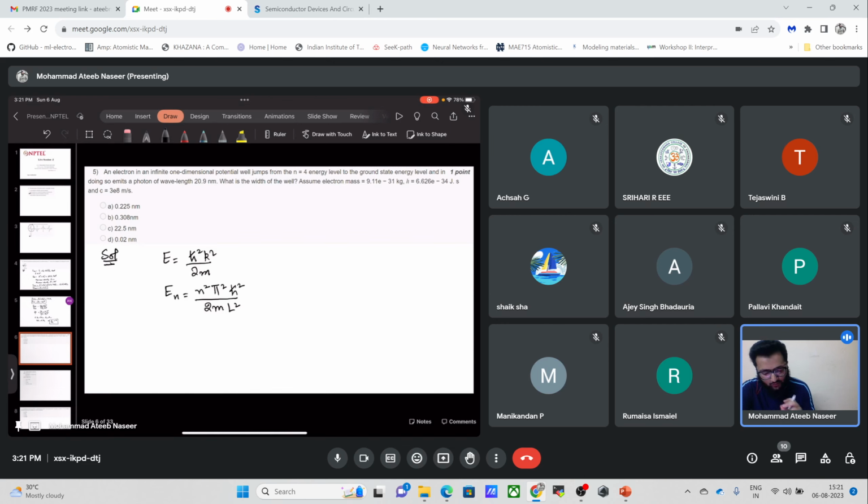This association is basically the release of energy that happens when we are transitioning from a higher energy state to a lower energy state. So here n is equal to 4, and for the ground state n is equal to 1.